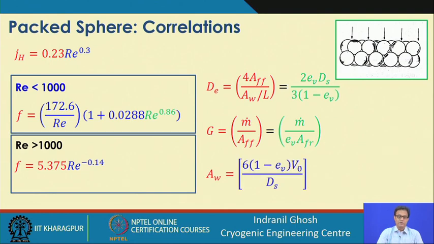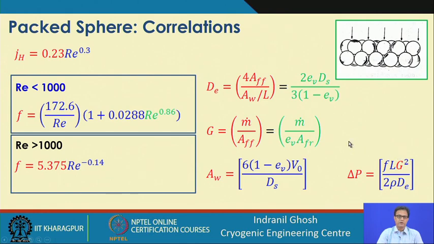Then the heat transfer surface area will also be necessary, and it may be different for packed spheres or if it is made out of wire screen. Here is the expression to be used for the pressure drop.